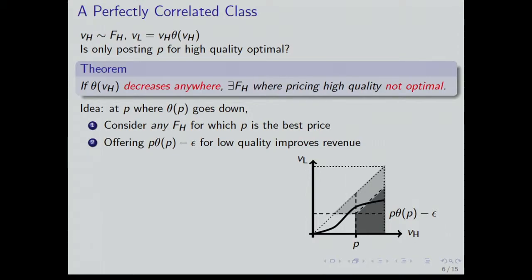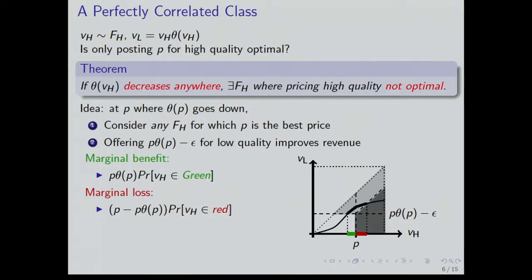So as a result of this change, there is a trade-off in how much my revenue changes in 2 different aspects. One is that there is this little set of types who would have not bought anything if I was going to only offer high quality at price P, and now they're buying the low quality and paying me P times theta.